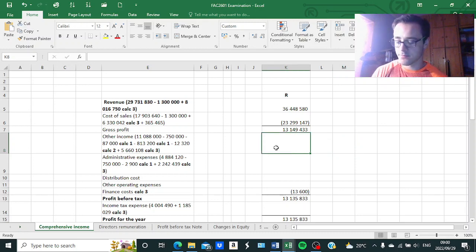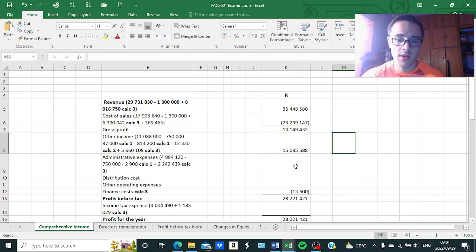Other income, 11,088,000 minus 750 minus 87 minus 813,200 minus 12,320 plus 5,660,108, and you get an amount of 15,085,588.